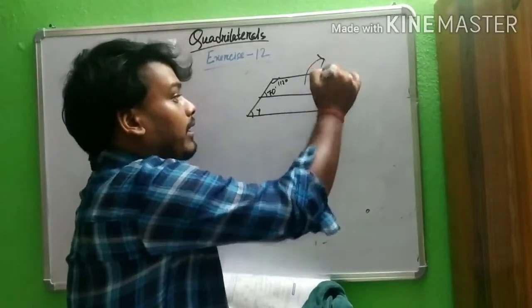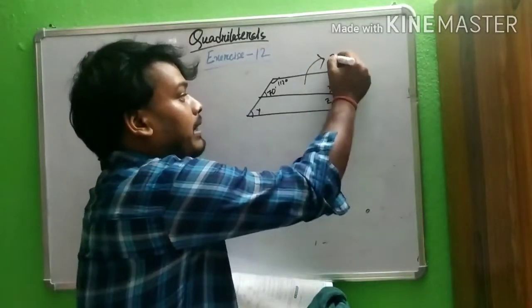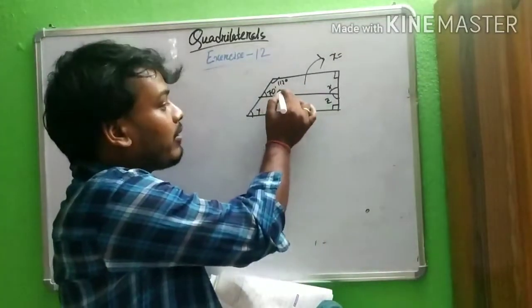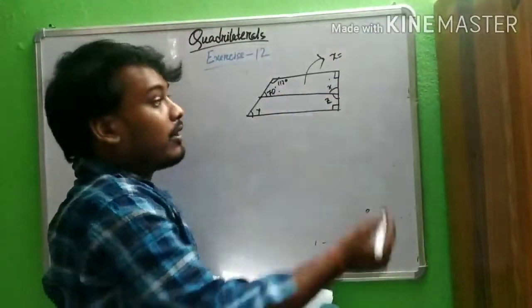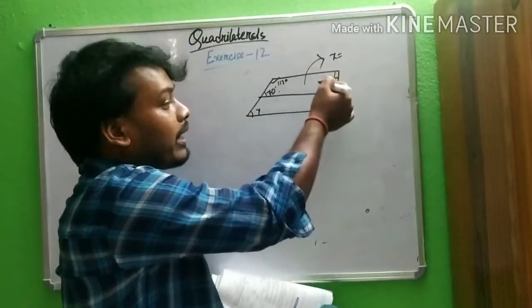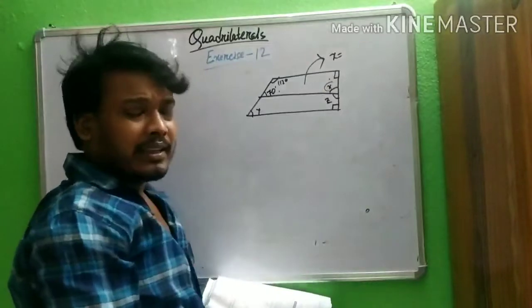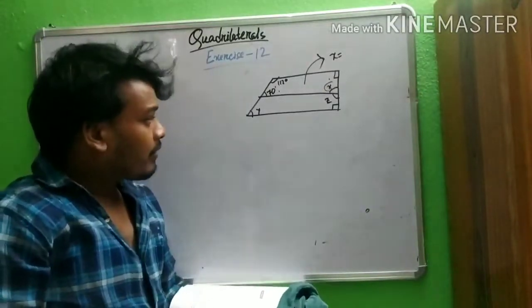From this quadrilateral we can find the value of X, because 3 angles are given, so the sum of all 4 angles is 360. From here we can find the value of X. Okay, first one complete.